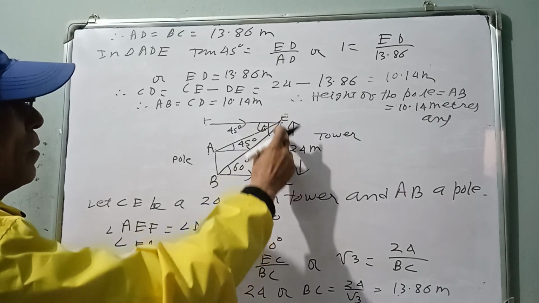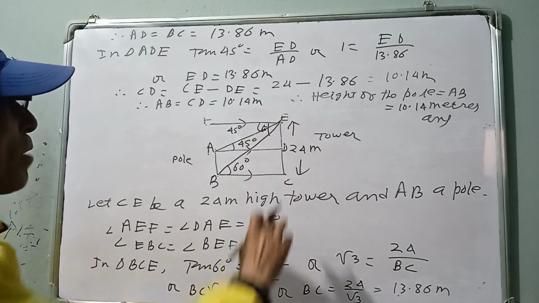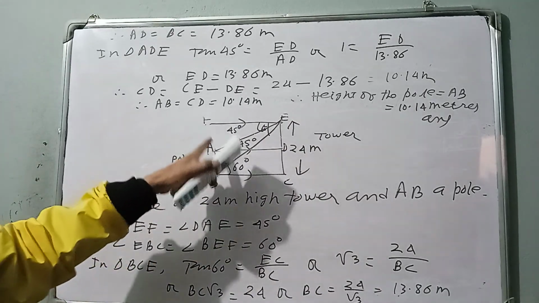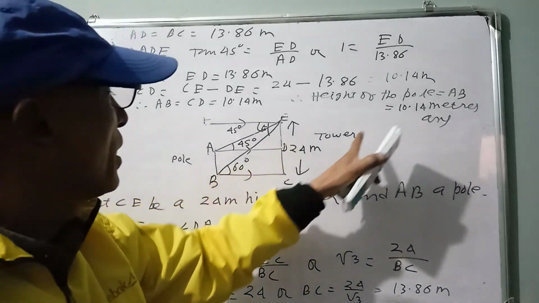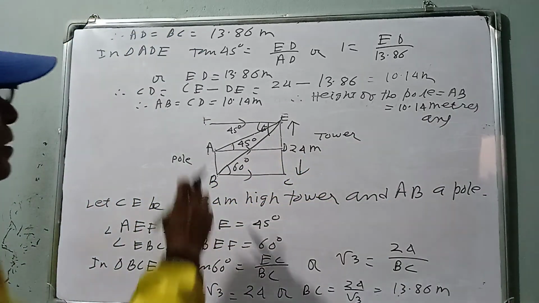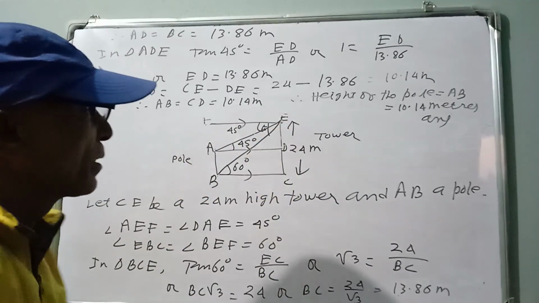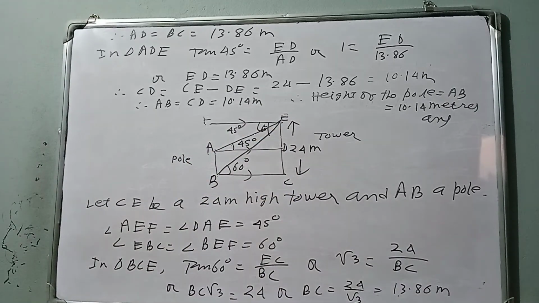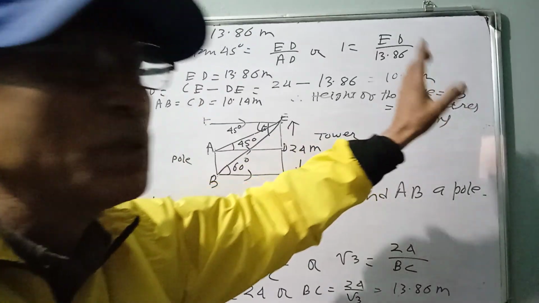Subtract ED from 24, whole part section. Find out the value of CD. CD and AB are equal. So height of the pole, pole AB equal 10.14. The person is observing 2 points A and B from the top. So height of the pole is 10.14 meter. Finally, we have to write down meters.